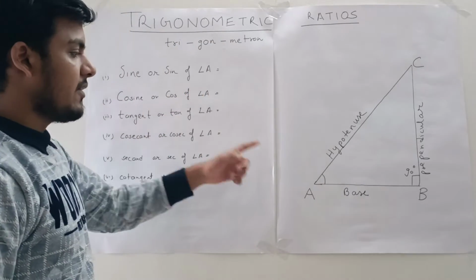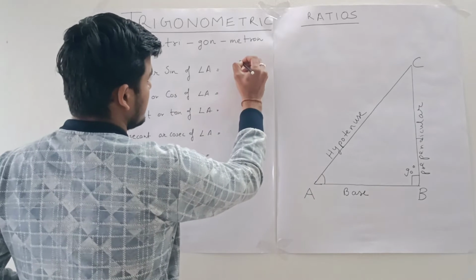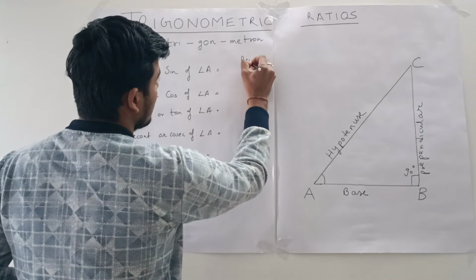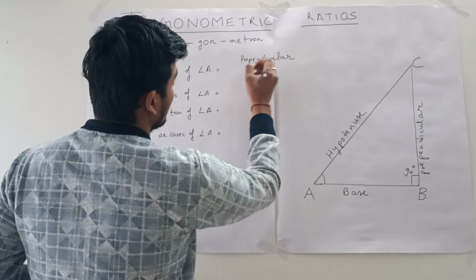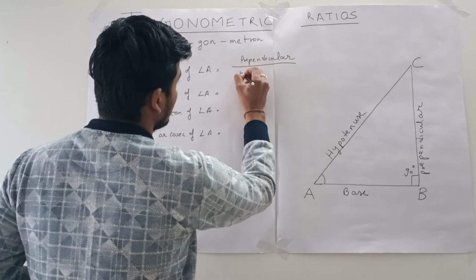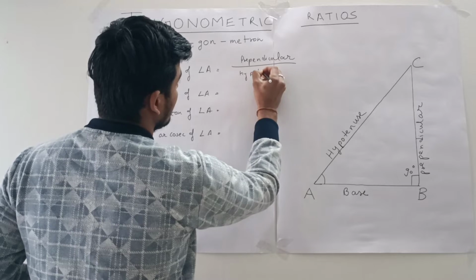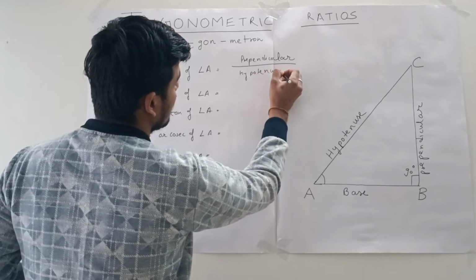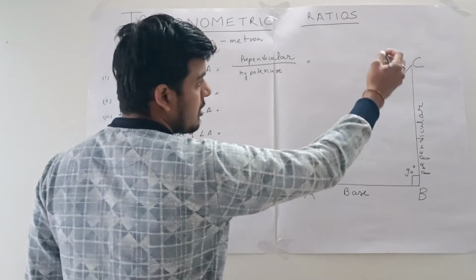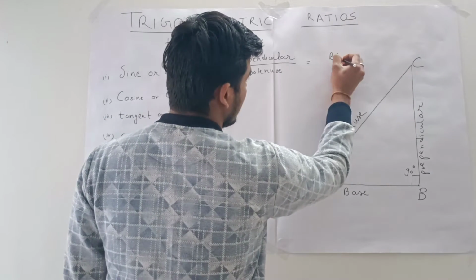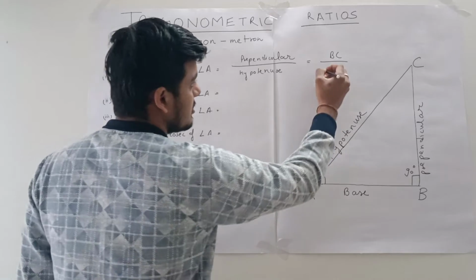So sine of angle A is perpendicular upon hypotenuse. So in the figure, BC is our perpendicular and hypotenuse is AC.